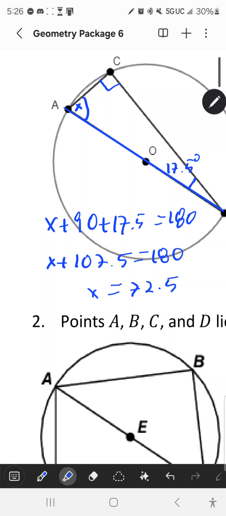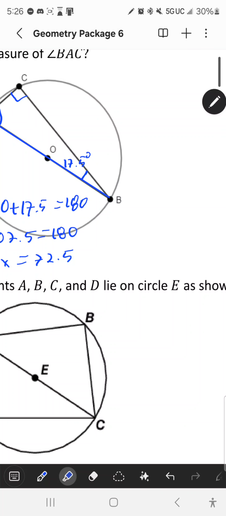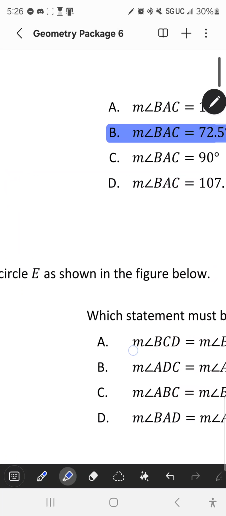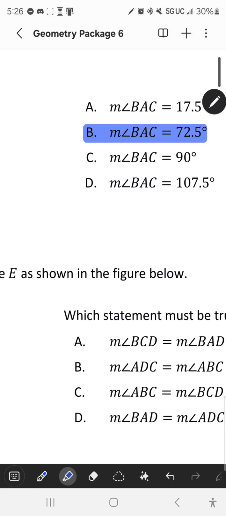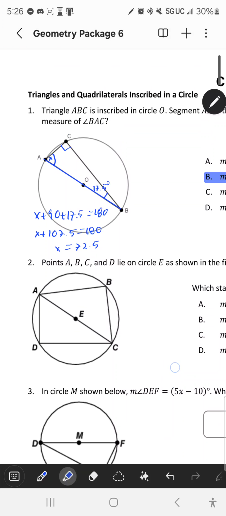Now here, points A, B, C, D lie on the circle, and E is the center of the circle, as shown in the figure below. What statement must be true about the figure?